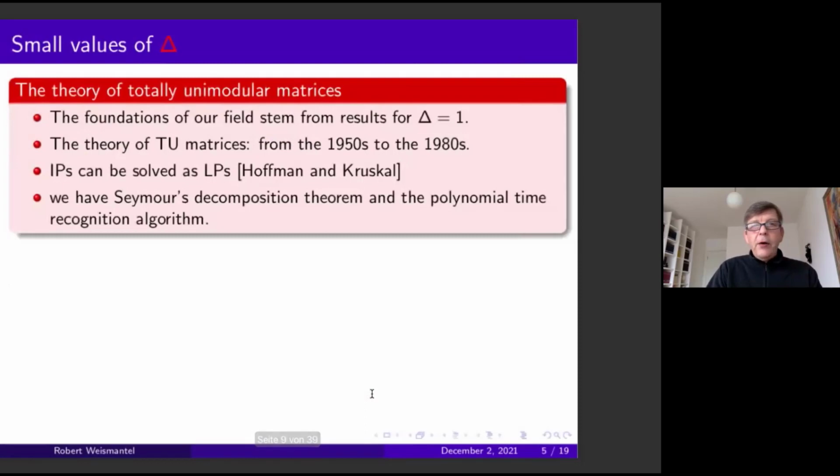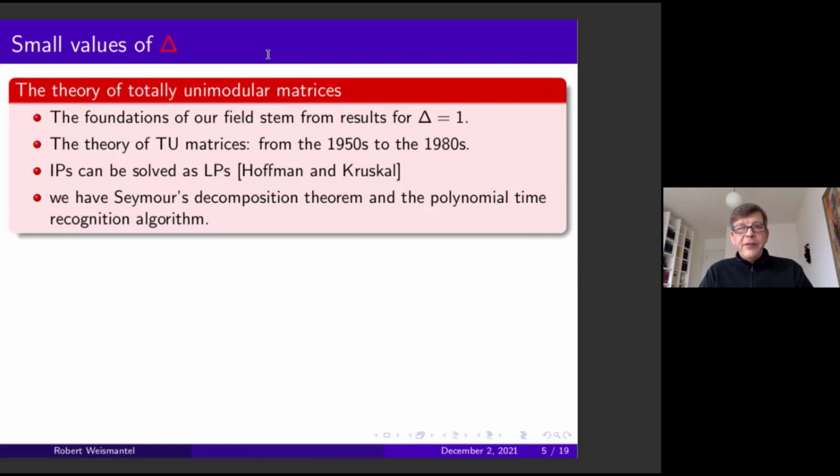So now, what do we know and why could it make sense to address this issue with small values of delta? Well, the first thing is there's the theory of totally unimodular matrices that emerged in the past 50, 60 years. And the foundations of the field stem from results for delta equals 1. So delta equals 1 is the case to start with.